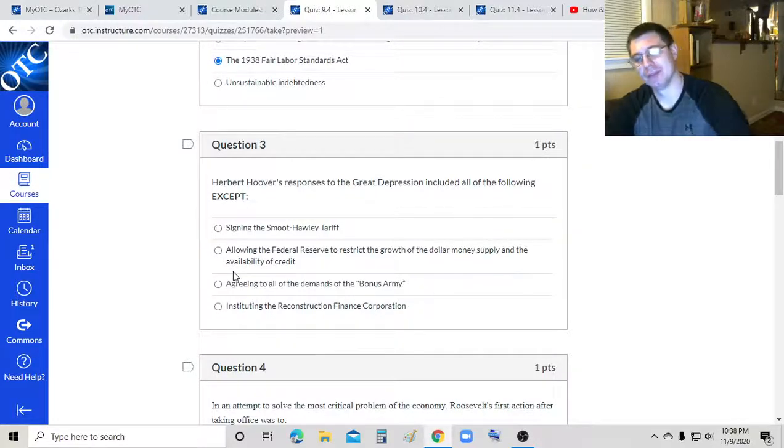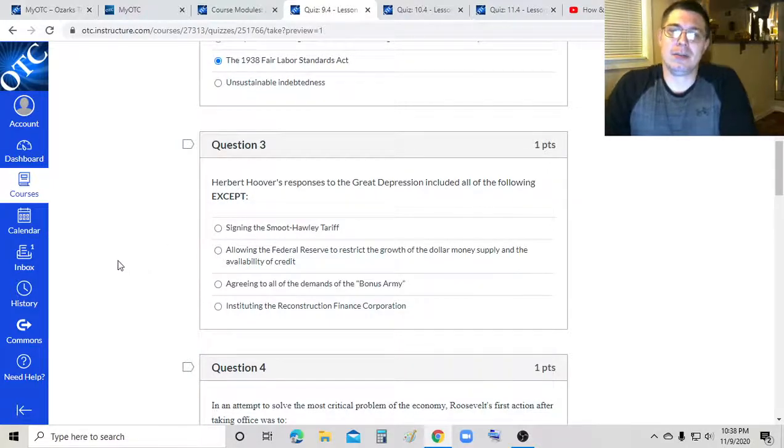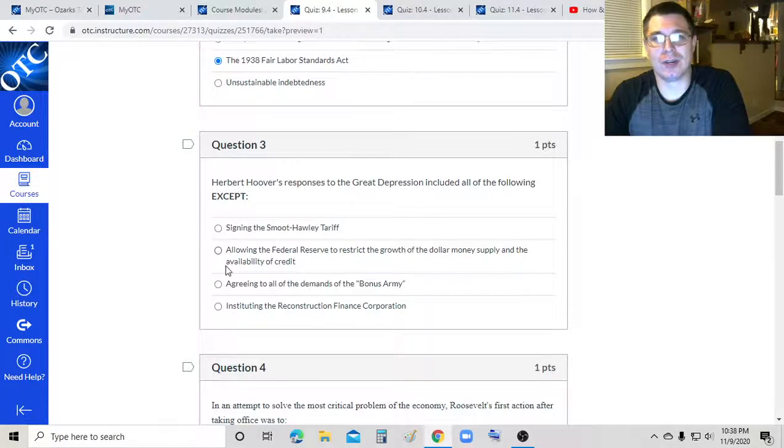No. Of course, the bonus army wanted their World War I bonuses paid a little bit early to ease the burden of the Depression. Herbert Hoover said no, enlisted Douglas MacArthur to drive them away with bayonets and tanks, killed and injured a few of them. So that's the exception there.